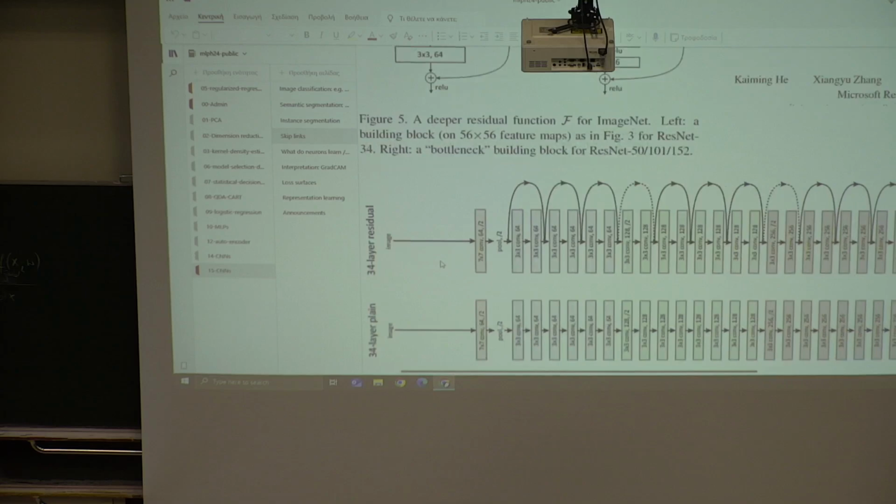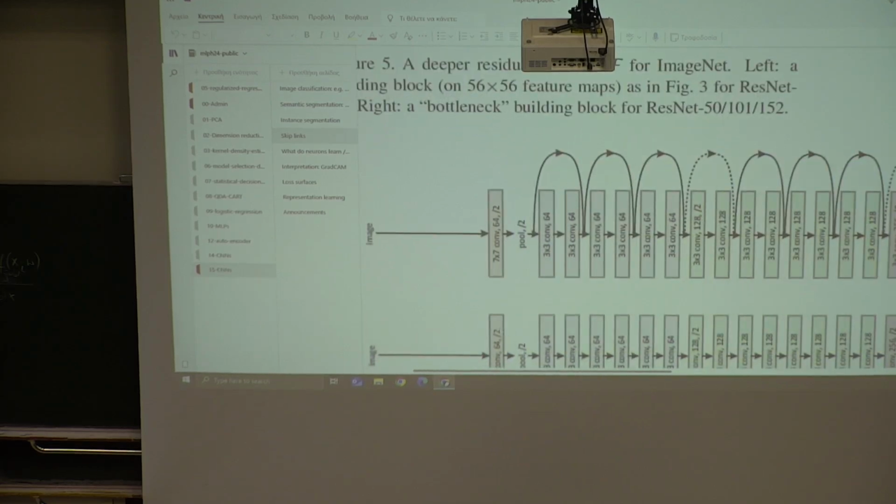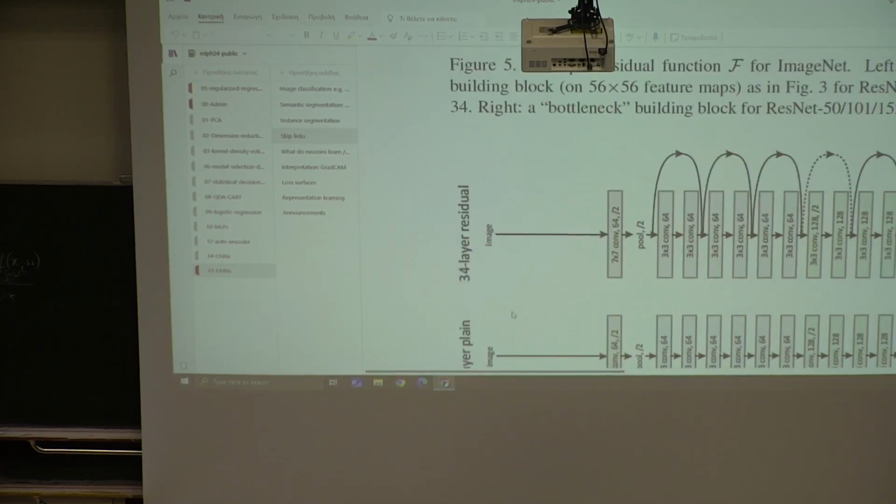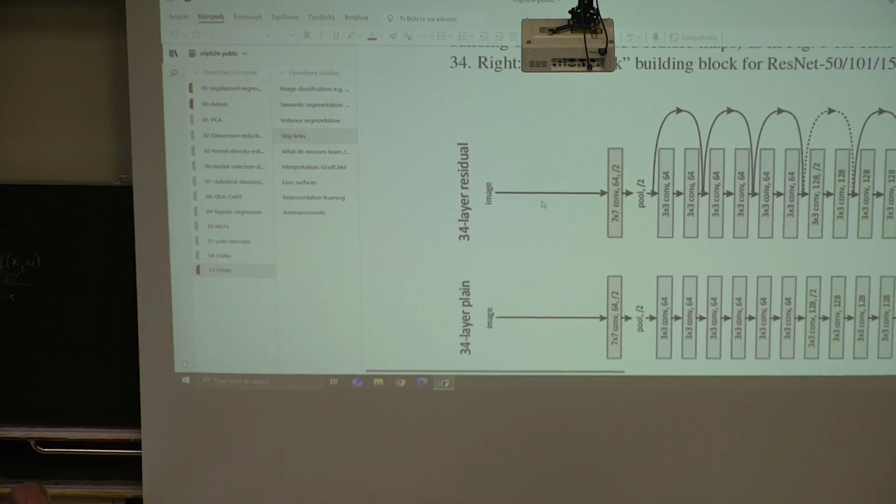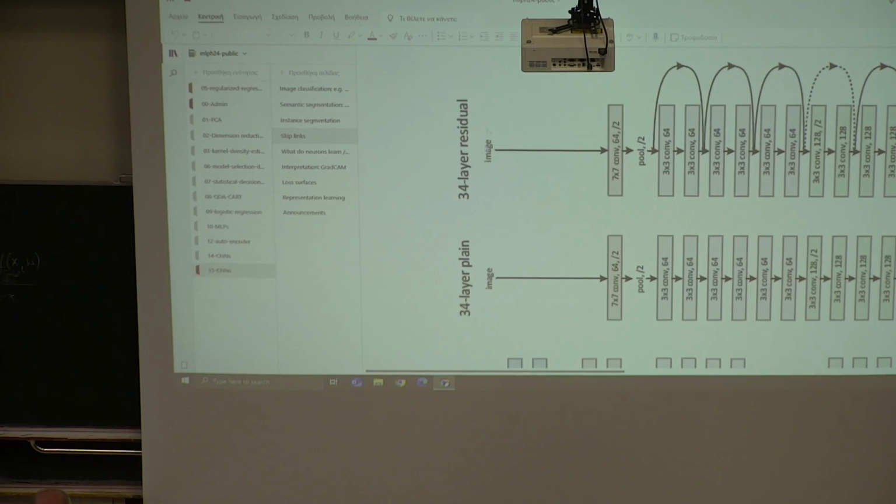Unfortunately, they don't give here explicitly the spatial resolution, but let's say we start with an image which is 512 by 512. Then here it is only 256 by 256, then it's 128 by 128.